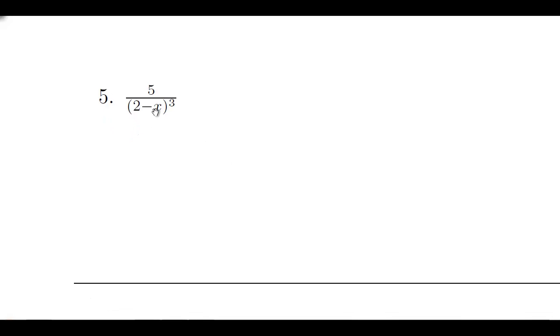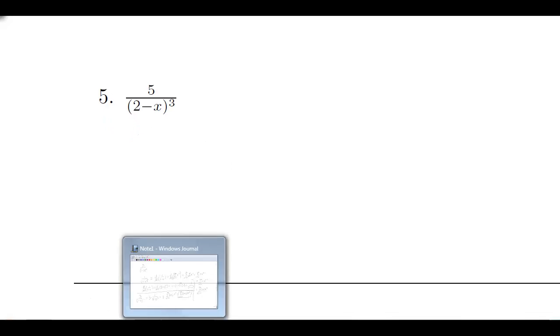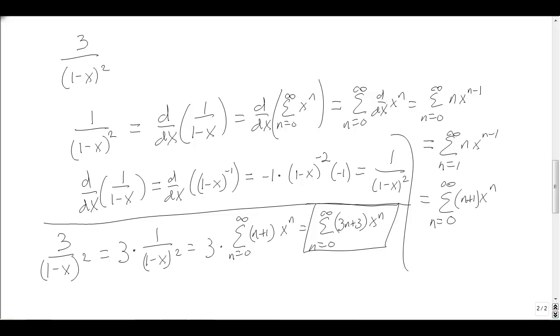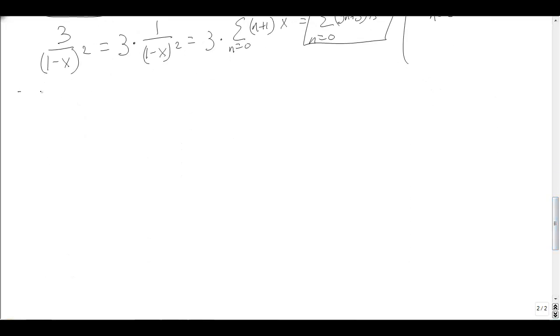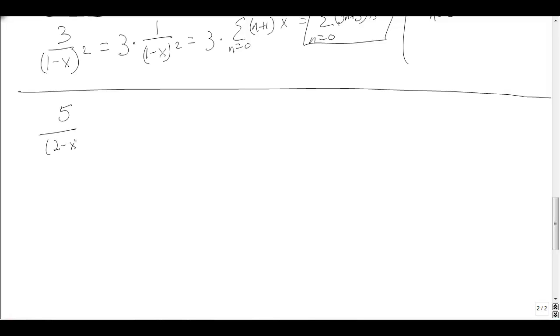They are Taylor series. All right, next one, we have 5 over 2 minus x cubed. This looks very similar to the last question, except I have a degree 3 on the bottom.